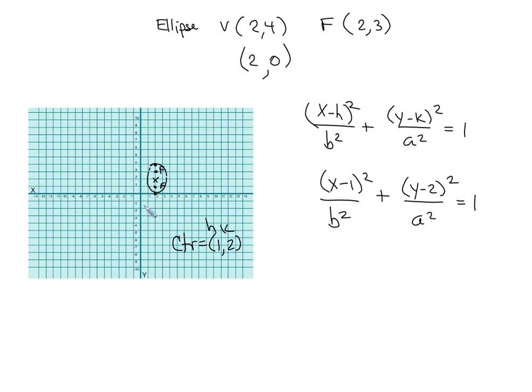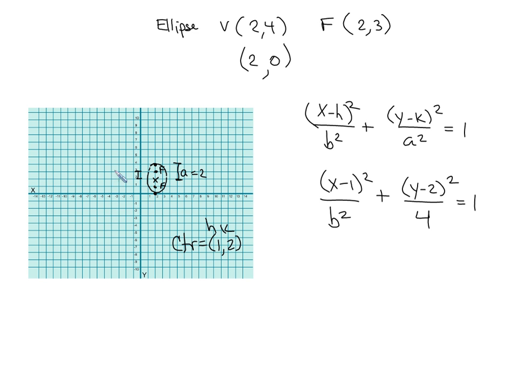So do we know either a or b right now? Which one do we know? Yeah, we know a squared, right? Because a is how big from the center to a vertex? 2. So a is equal to 2. So that makes this 4. We don't know b, but we do know that c is equal to what?